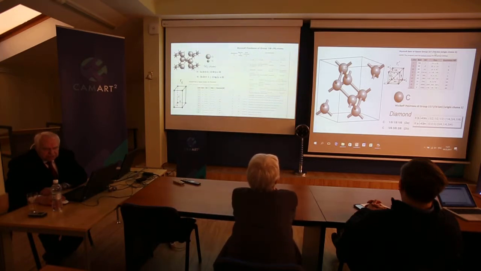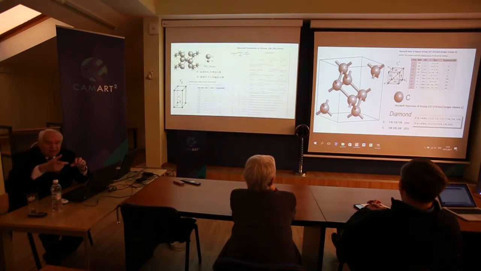And why this D? Because it's very simple to understand that as there are 2 carbon atoms in the primitive unit cell, you can interchange them. But what does it mean?